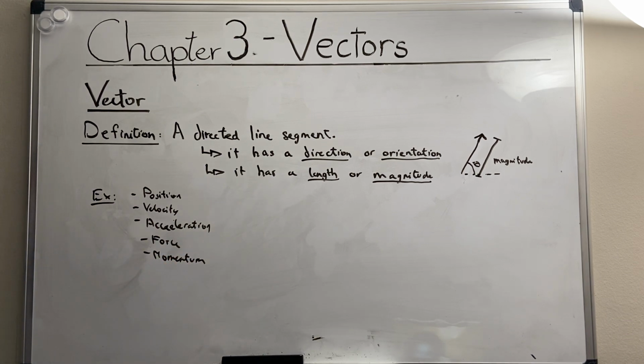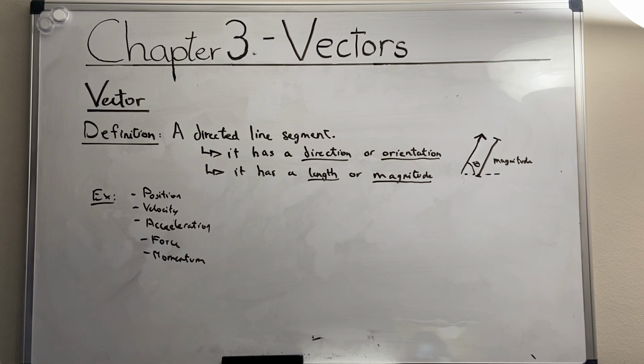So we have quite a lot of physical quantities that we can represent with vectors. And so the magnitude, as I was saying before, designates the strength or amount of the quantity, while the orientation represents the direction of that quantity.